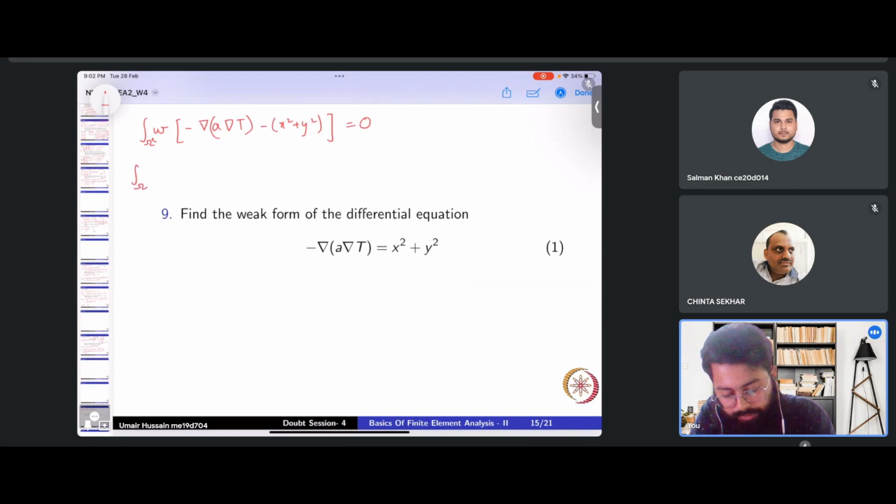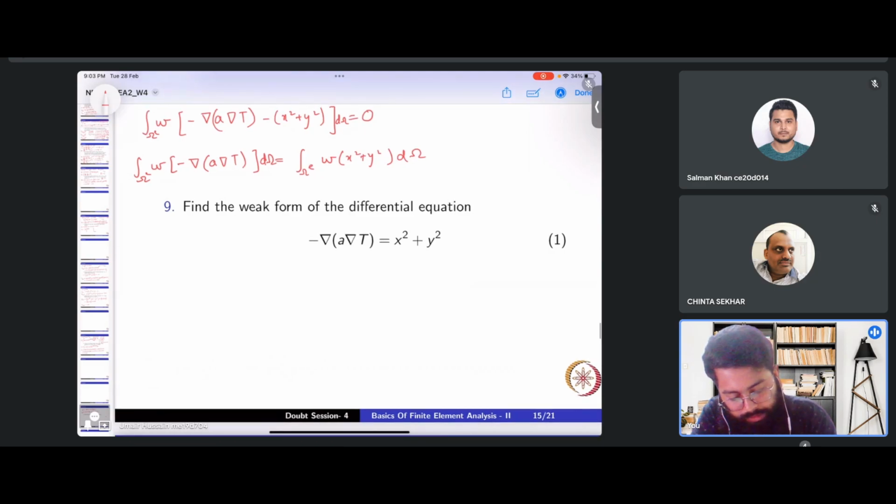So here we have this term. We apply integration by parts on this first term, so we just move the derivative, and then we are done.